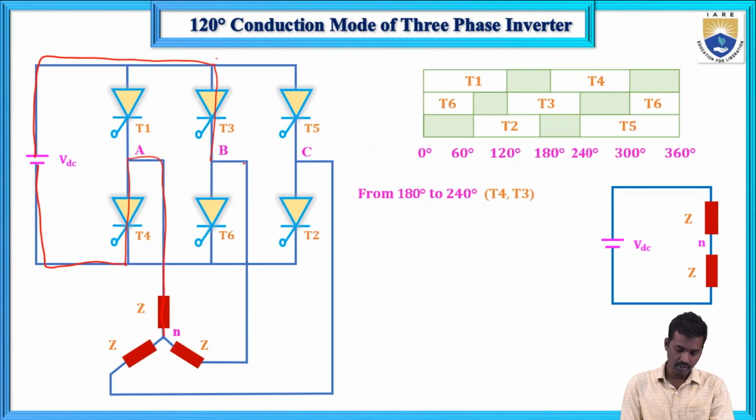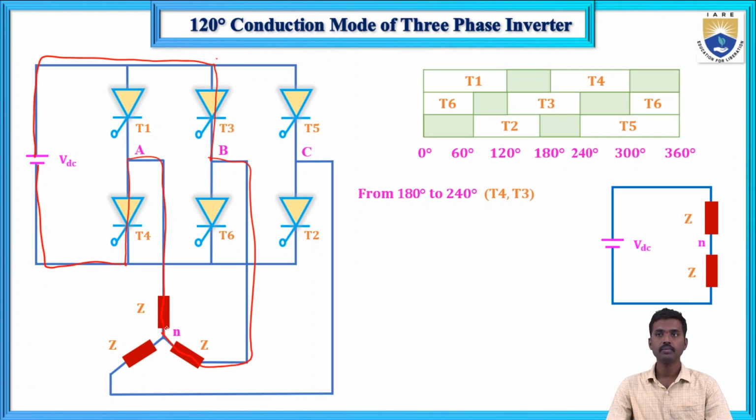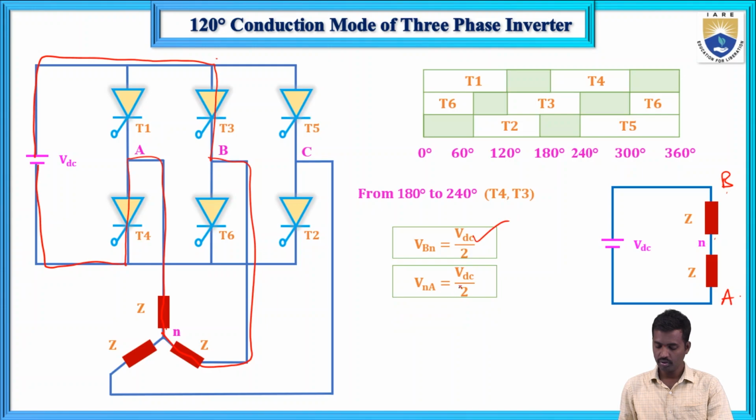This is B and this is A. In the same fashion, voltage division rule, VBN equals VDC by 2 and VAN equals minus VDC by 2. And the VCN value is 0, no connection.